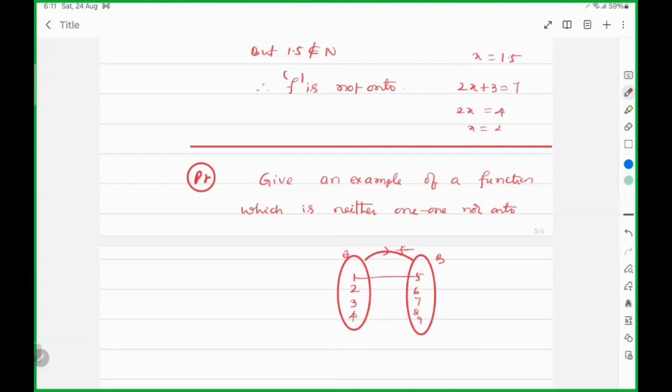Suppose if I map like this, it is not a function because 4 does not have an image.